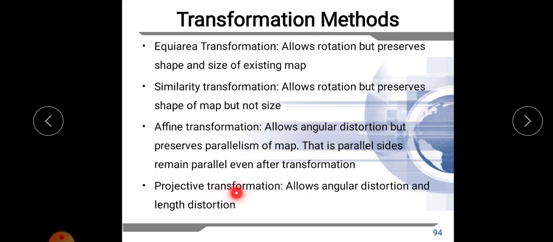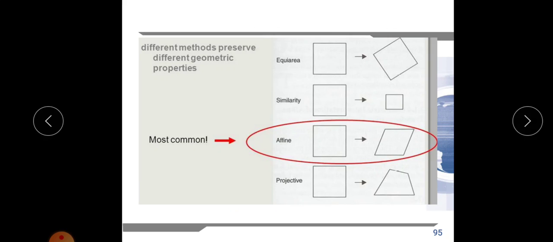The last one is projective transformation. It allows angular distortion and length distortion. That is, here the angle is distorted and the length is also distorted. So these are the different methods to preserve different geometric properties.